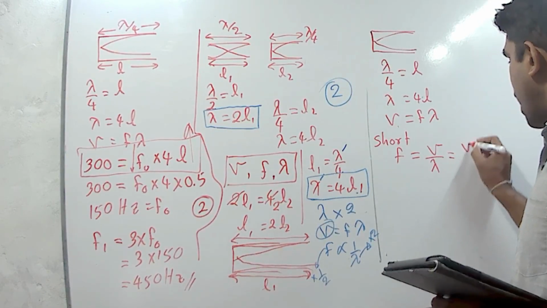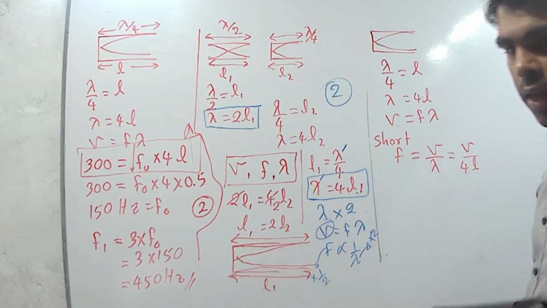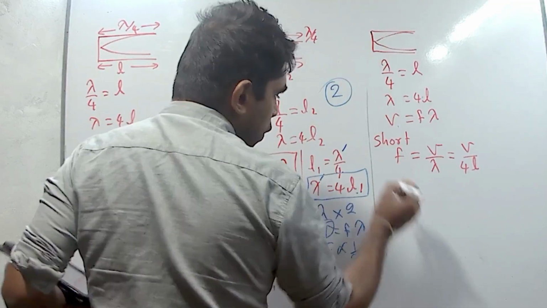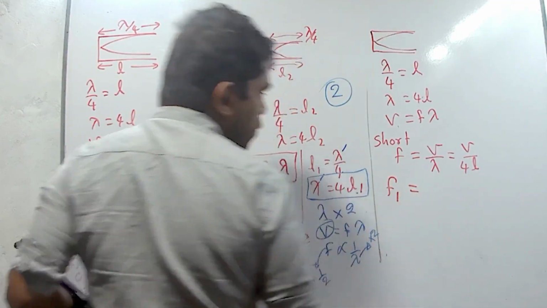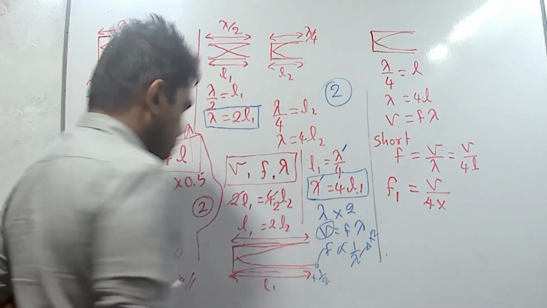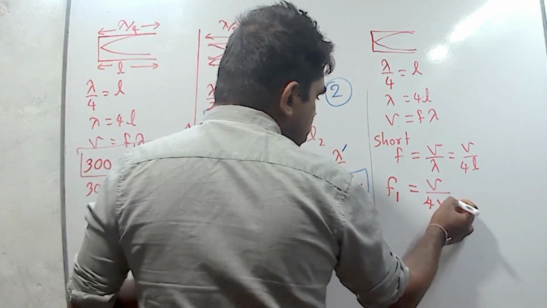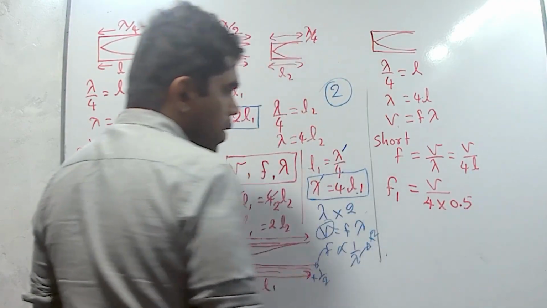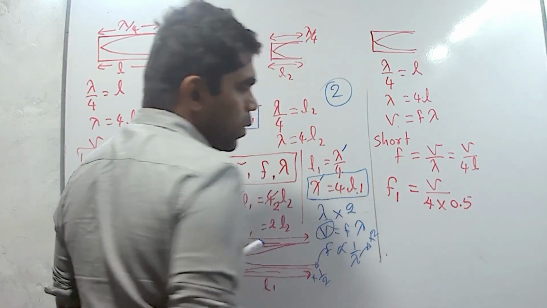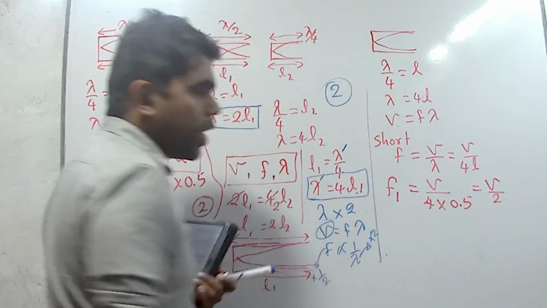V divided by wavelength, which is 4L. Then for the short one, frequency F1 should be equal to V divided by 4 times 50 centimeters. 50 centimeters means 0.5 meters. 4 times 0.5 is 2. Then V over 2 is the frequency of the first tube.